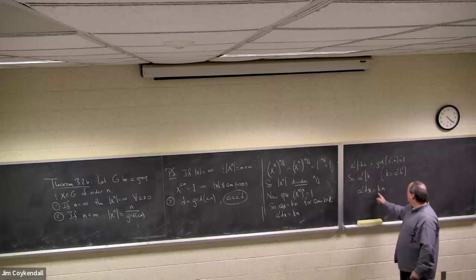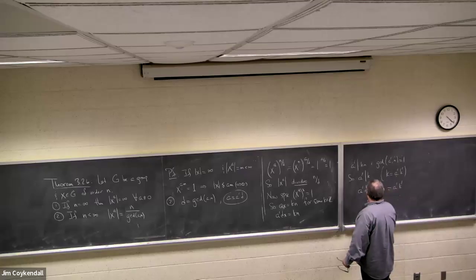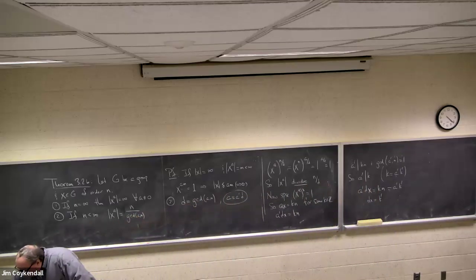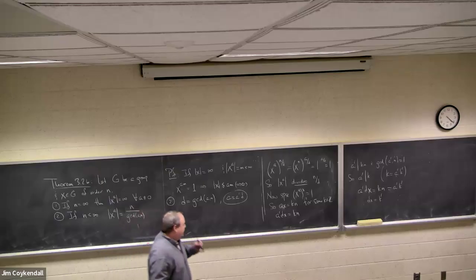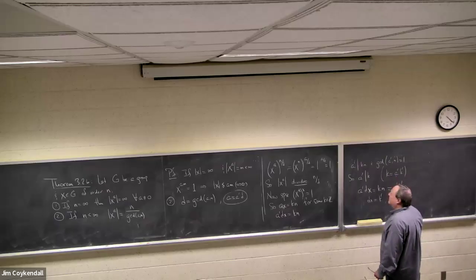Going back to this equation here, I've now got a'dk = a'j'n, and I can cancel that a', and I get dk equals j'n.